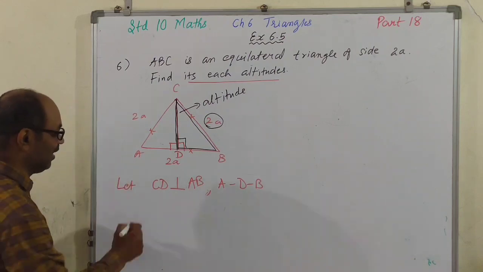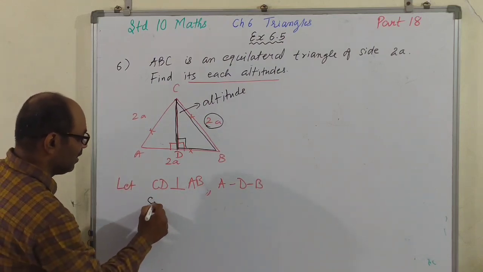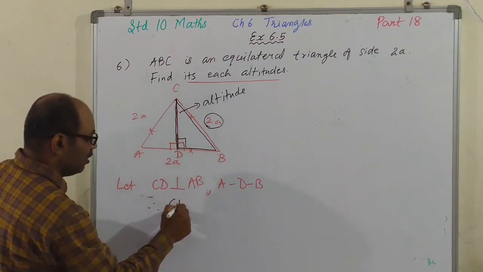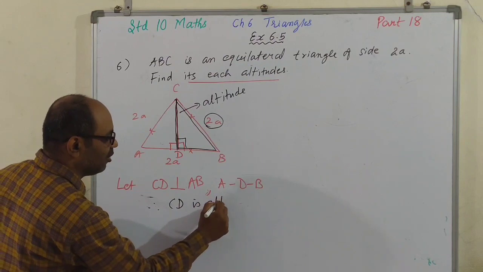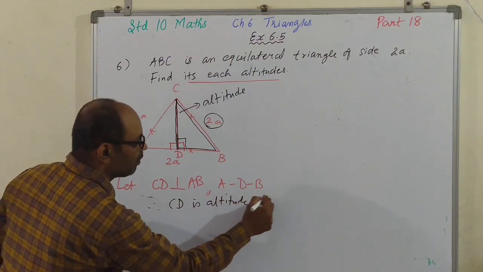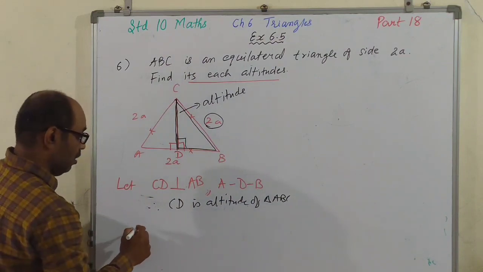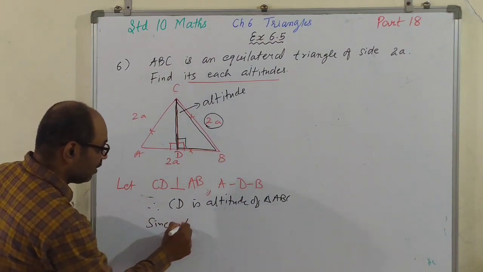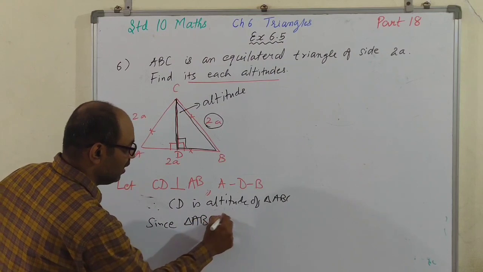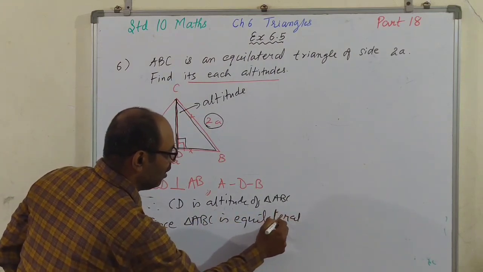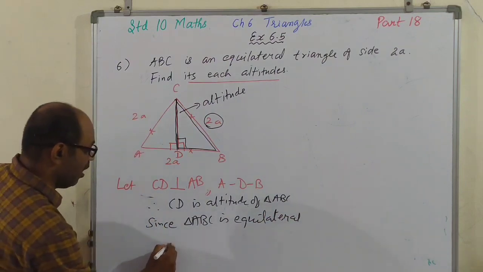So see what I am writing. Therefore, CD is altitude of triangle ABC because we have drawn perpendicular. Since triangle ABC is equilateral, what do you have?